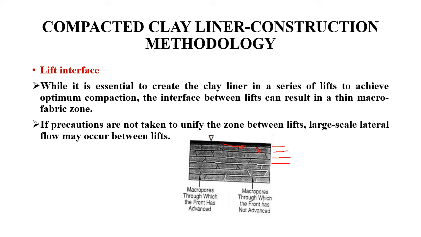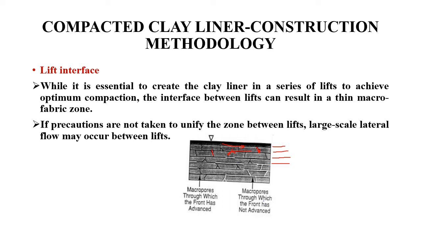Then it will flow through the pores, cracks or fissures already present in the lifts. Again this lateral flow of leachate happens, and it joins the other fissures in the underlying lifts. So preferential flow paths are formed for the leachate to travel because of the macro pores, and this is happening because an effective bond has not been formed between the lift interface.